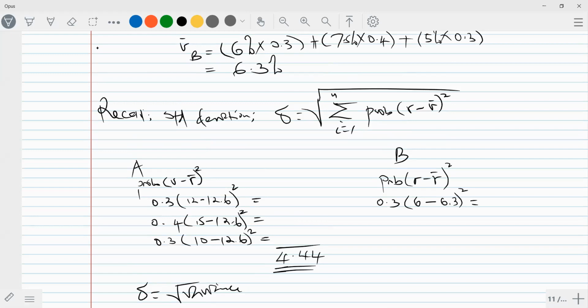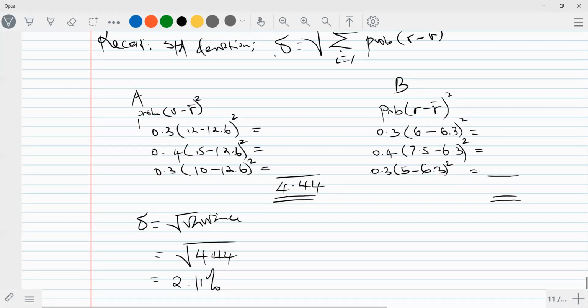The second has chance 0.4, and the outcome is 7.5 minus the mean, 6.3, squared. Then the outcome is 5, and the chance of it occurring is 0.3, so 5 minus the mean, 6.3, squared. The sum of deviations squared multiplied by their individual probabilities is how much?